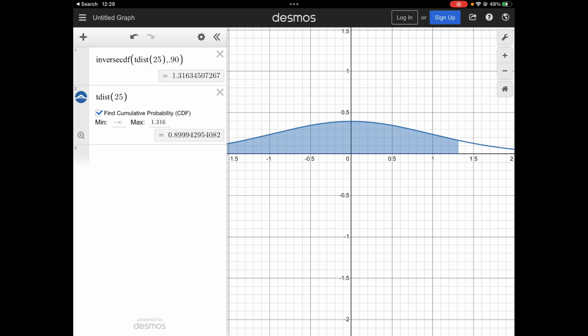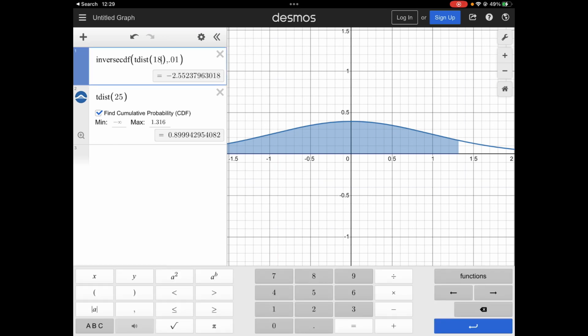Now, when we do something like number 3, it looks a little bit different. We can actually do the t distribution inverse, and we're going to do to the left. So we have degrees of freedom of 18, and then our 0.01 that's to the left, and now we're getting a negative 2.55.